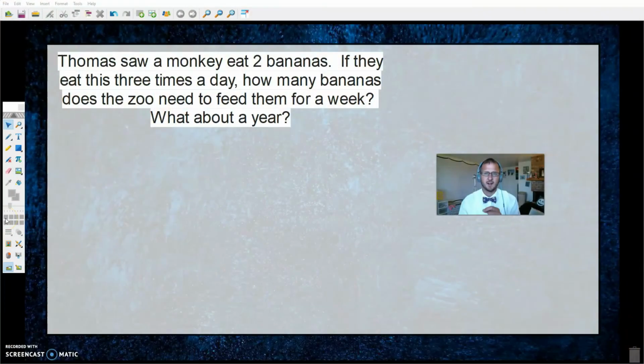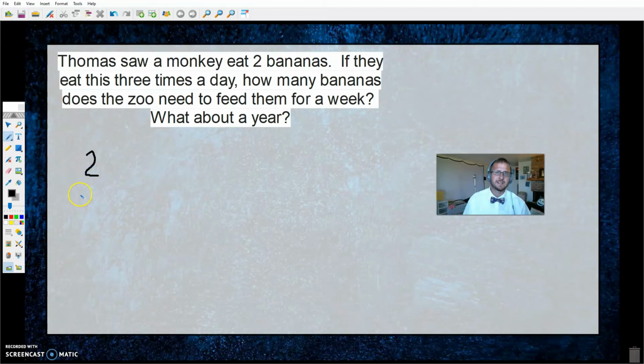So Thomas saw a monkey eat 2 bananas. If they eat this 3 times a day, how many bananas does the zoo need to feed them for a week? What about a year? First off, Thomas, you sneaky little guy, you asked 2 questions. But Abacus doesn't mind. I will answer both of them. So we start off with that 2 bananas.